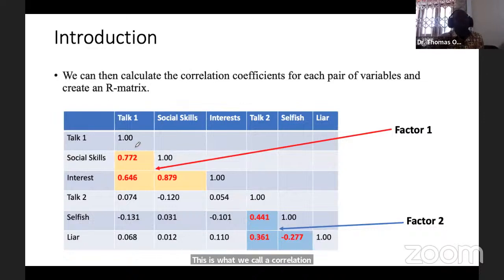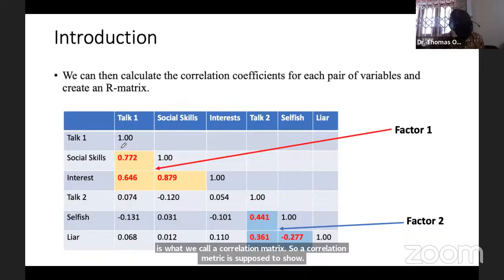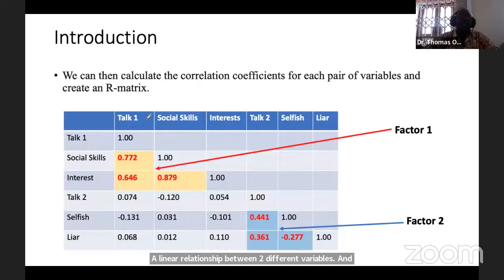A correlation matrix shows the linear relationship between two different variables. For example, the correlation between talk 1 and social skills is positive, 0.772.